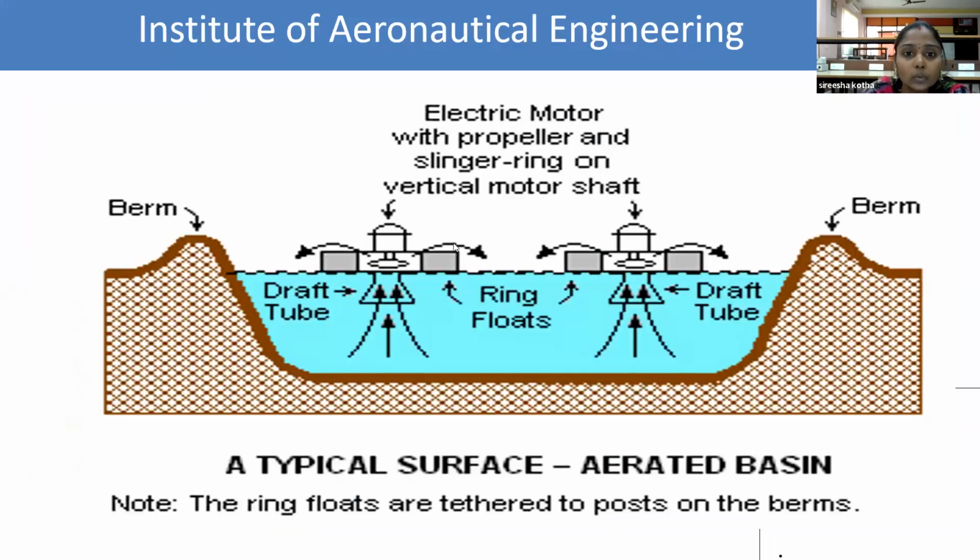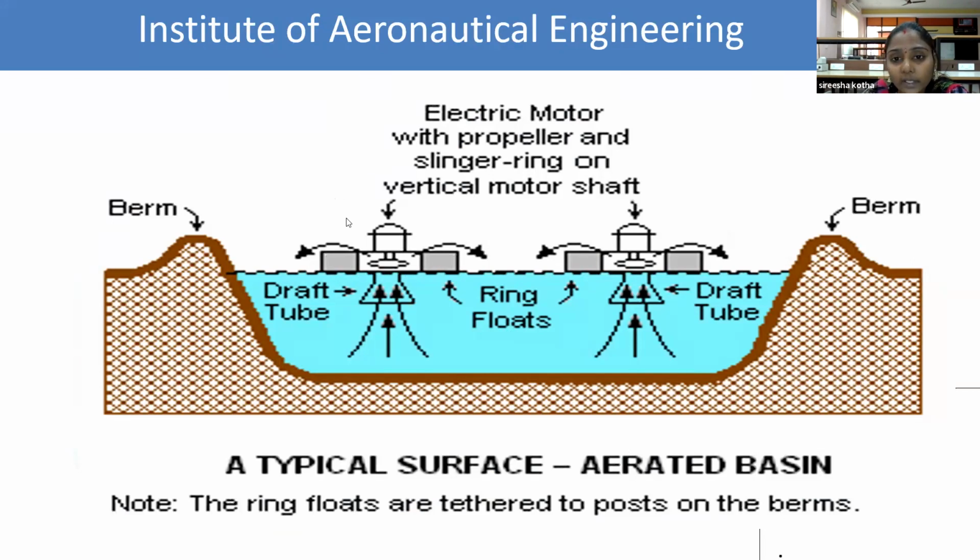This is an electric motor with a propeller and slinger ring on a vertical motor shaft. It is a typical surface aeration basin. Note the ring floats are tethered to posts on the basin.